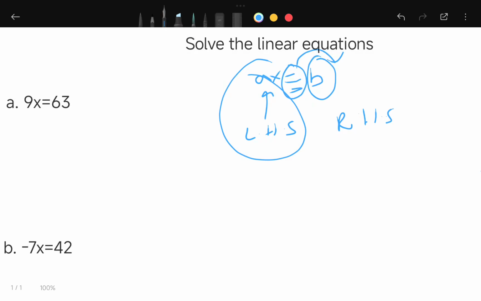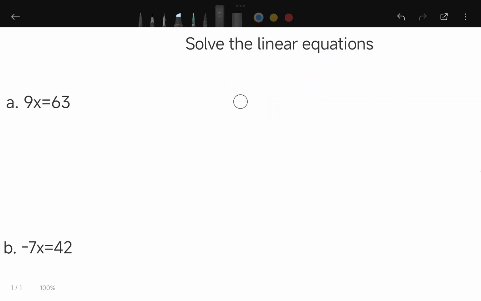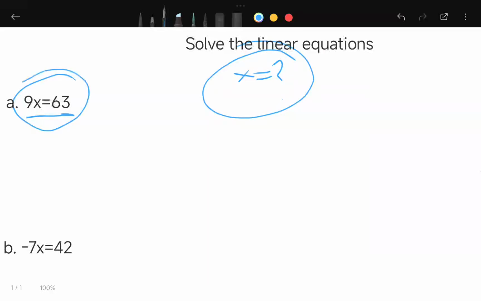Whenever they ask to solve linear equations or any kind of equation, we need to find the value of that particular variable. So we need to make the equation in such a way that we will get the value of x.